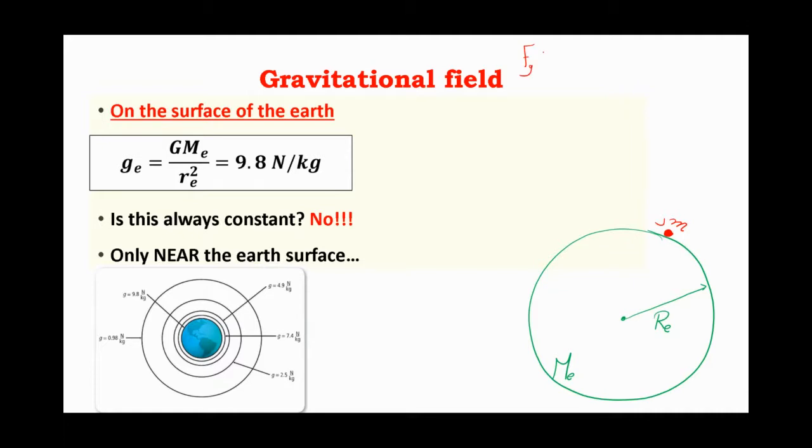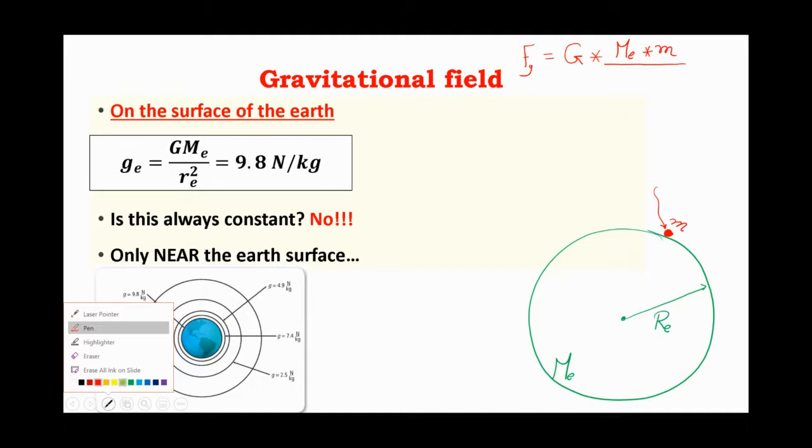Fg equals the constant G times the mass of the first object, which is the earth, so the mass of earth, times the mass of the second object, which is a small object on the surface of the earth. I will call the mass small m, divided by the distance in between, squared.